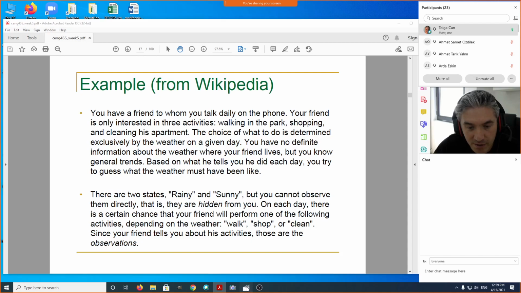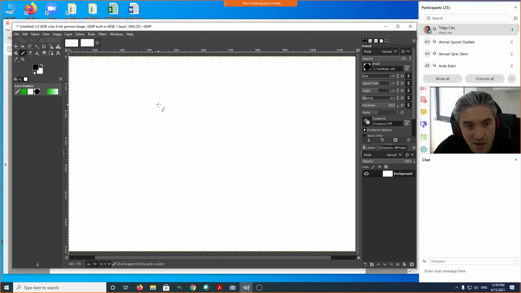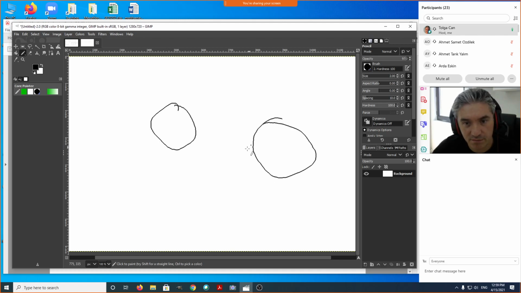So we have a hidden Markov model that looks like this. We have some states. Let me write them like this: sunny, a big nice state for sunny, and a smaller state for the rainy day, which we don't like that much, right? So here, rainy and sunny.